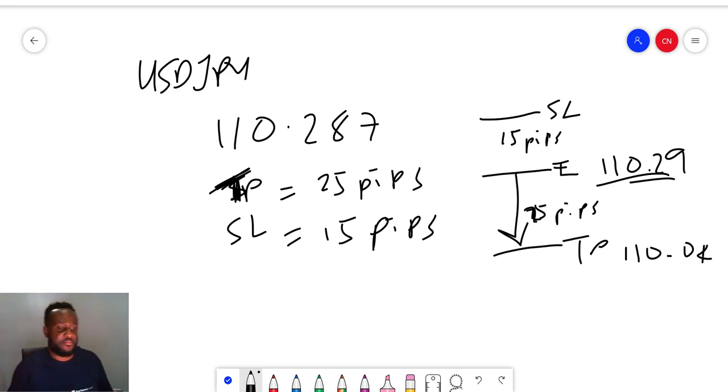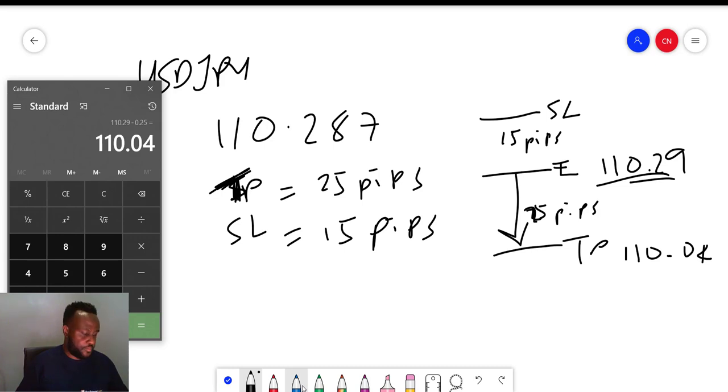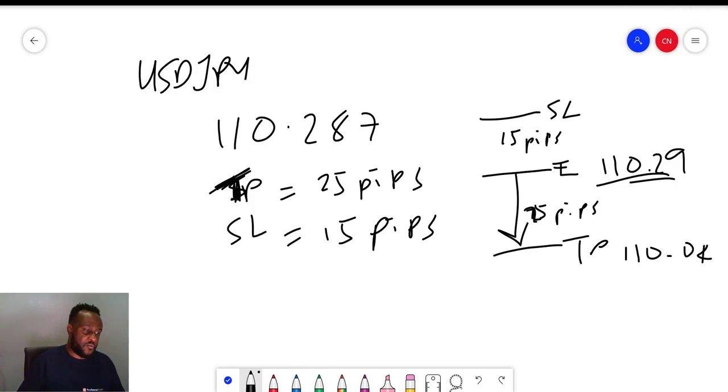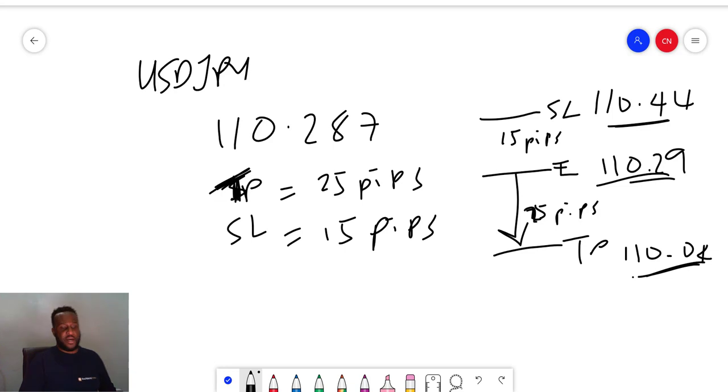That's what my TP will be, and then my stop loss will be 110.29 plus 15 pips, which for a JPY pair is 2 decimal places. That will give me 110.44. So that's how we set this.